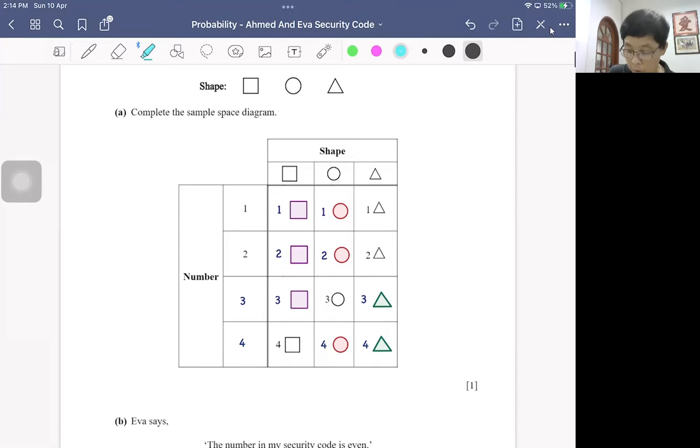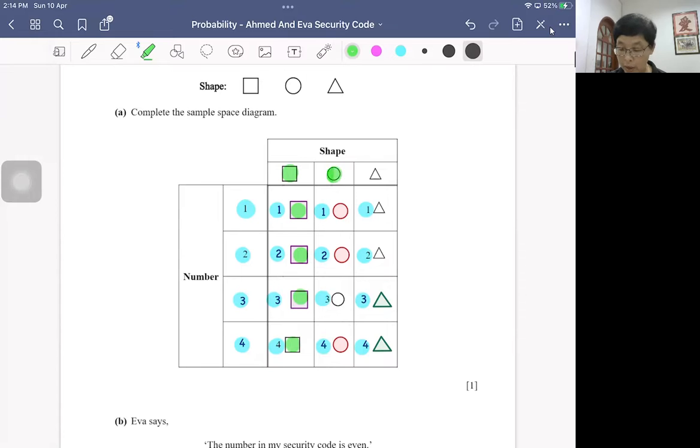Okay, so what we do is, if we see the number here, all these sample spaces will be filled up with those choices. 2, so you notice that all the 2s will be arranged like that. 4, all the 4s will be arranged like that. And then we take from the column, whenever you have the shape, that's how it is laid out.